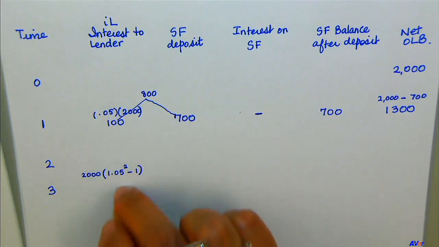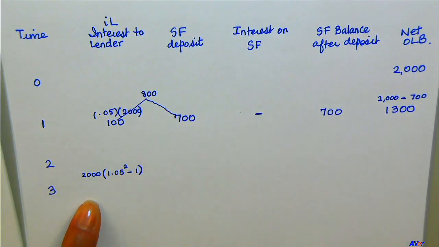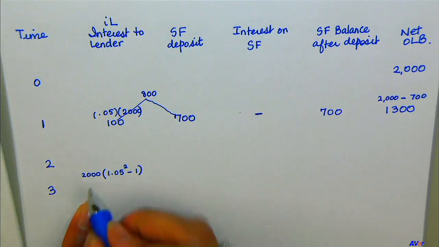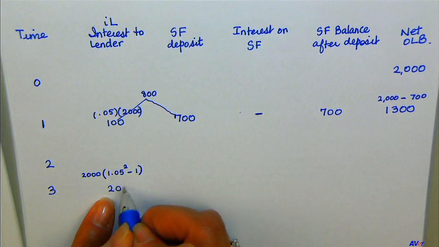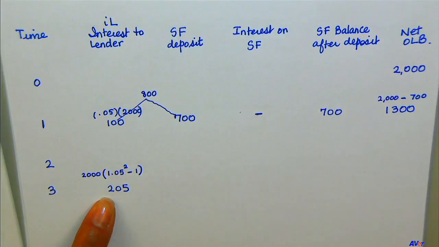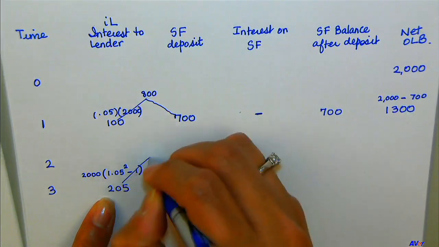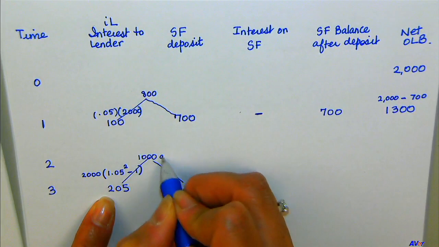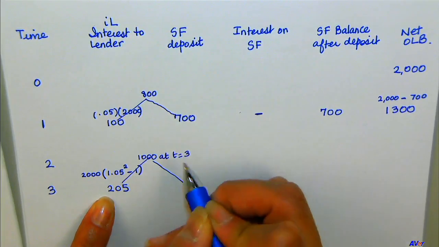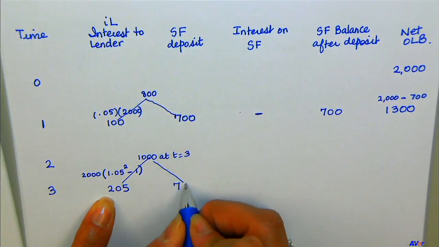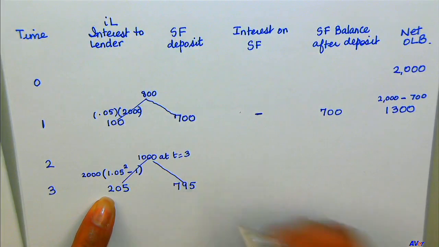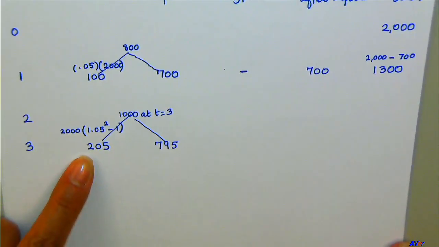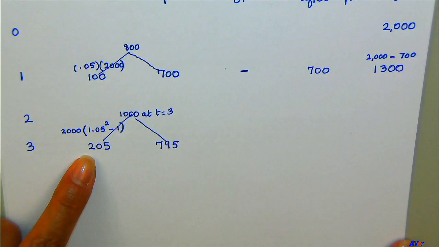So I have to worry about 2 years of interest. 2,000 times 1 plus i squared minus 1, that is 205. And they told me that a total payment of 1,000 was going to be made at time 3. So this total is 1,000, which means $795 goes into the sinking fund. I only have $795 left after I pay her the I times L.